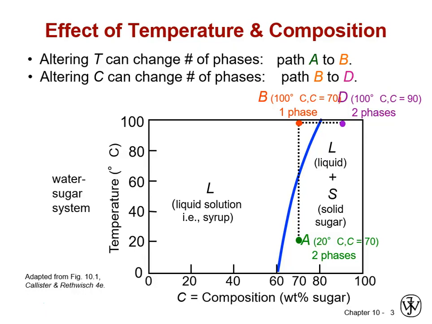But the total of those, based on the ratios, would add up to 90% for the overall mixture. So we can go from single-phase regions to 2-phase regions and back by changing either of the state variables prescribed on the phase diagram.